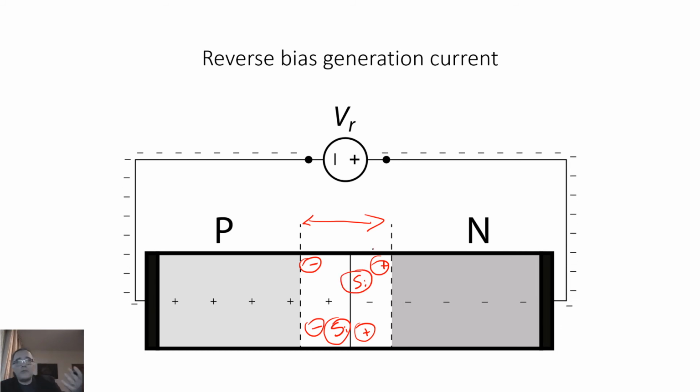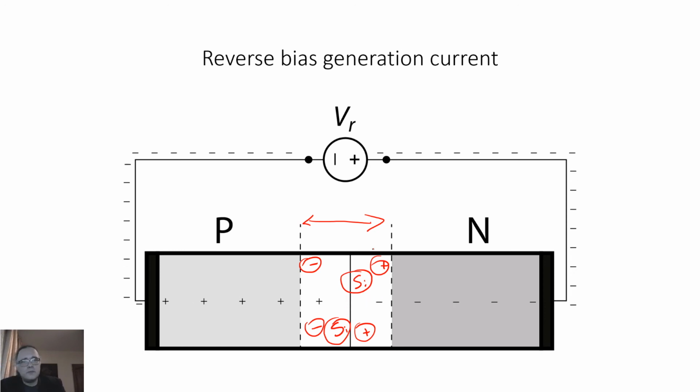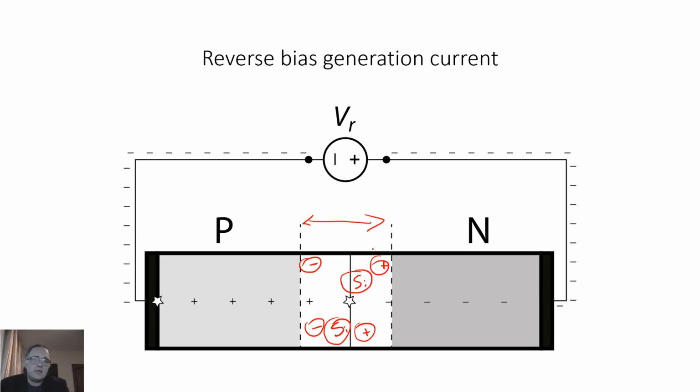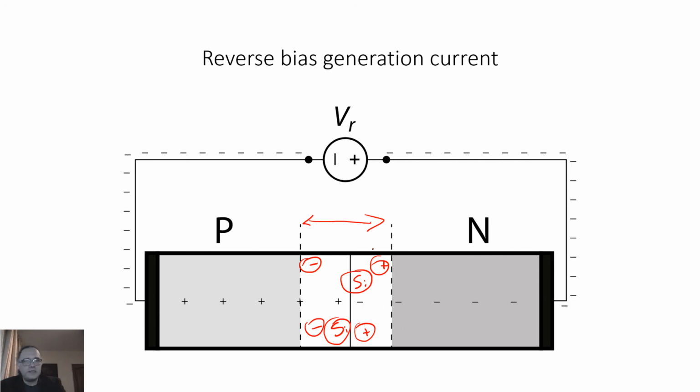So at normal temperature, 300 kelvins, it is statistically possible that an electron acquires sufficient energy to detach from its silicon atom. Hence, a hole-electron pair is created, and this is the generation of a hole-electron pair.